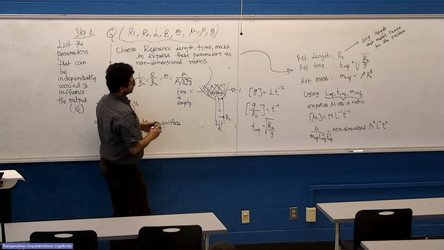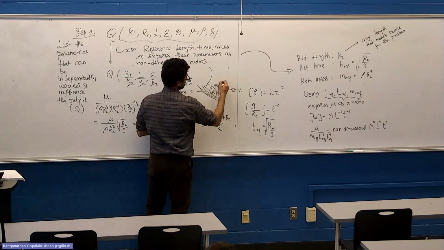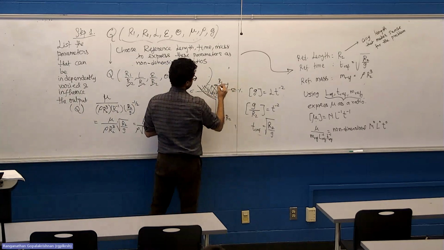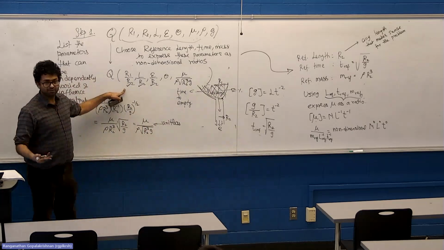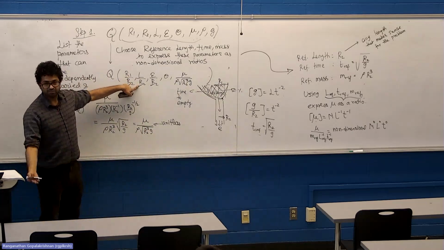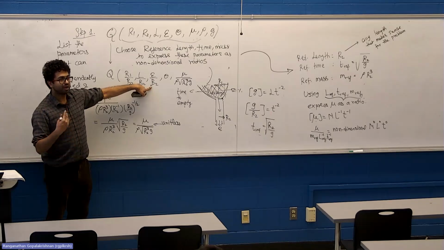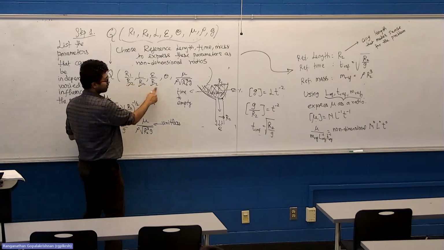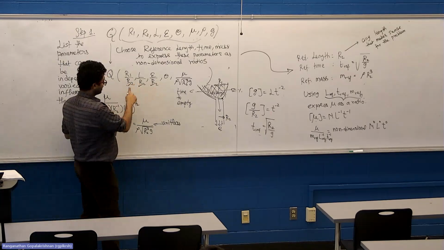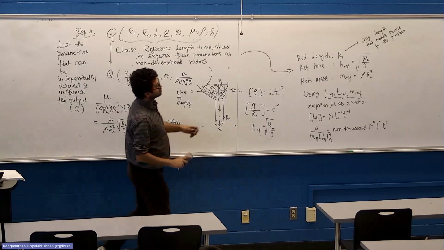It's like saying the R1 is not an independent number, but R1 is simply 5 times R2. L is simply 3 times R2, or the roughness is only 1% of R2. So everything you start expressing in terms of R2. So that is reference length.